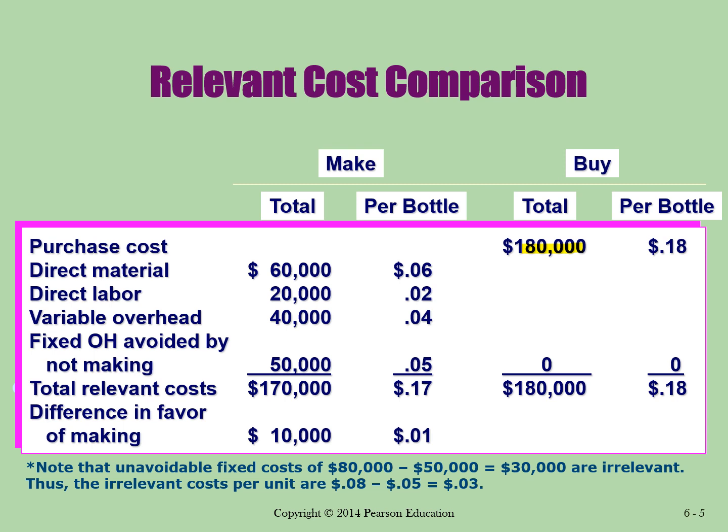And the direct costs related to making that item are direct material and direct labor, given as $60,000 and $20,000, which is $0.06 and $0.02 per bottle.